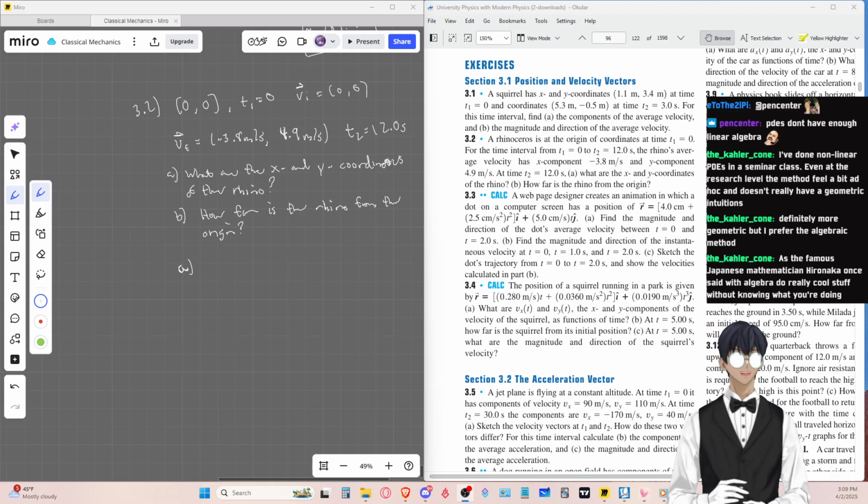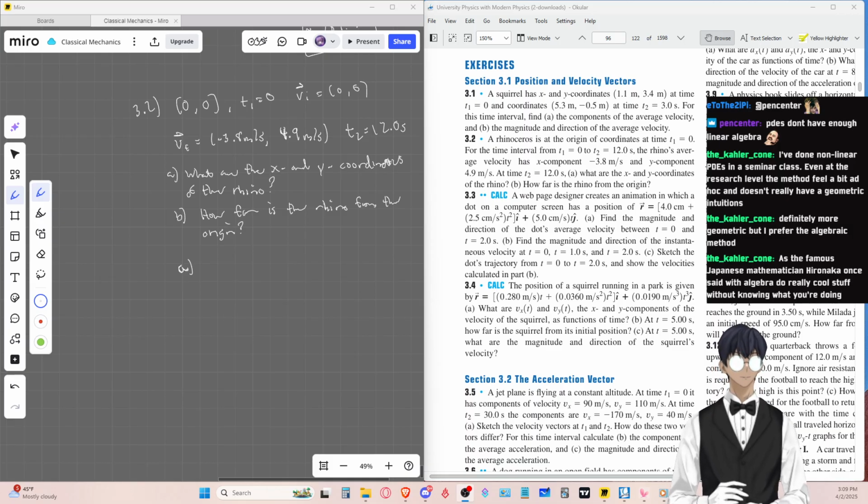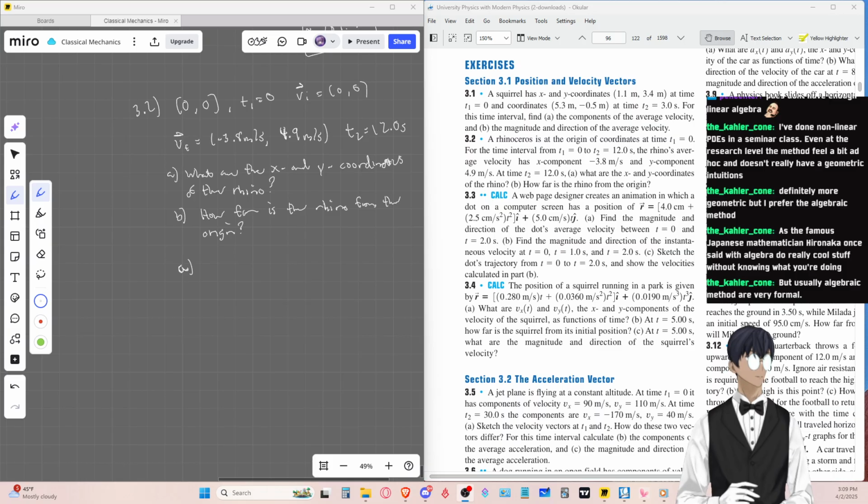I just love the idea of writing stuff on the board and explaining it, which is probably why I do my streams. I'm able to do problems and say my thoughts out loud, acting as if I'm a professor writing on the board, even though I will never get to that level. But usually algebraic methods are very formal.